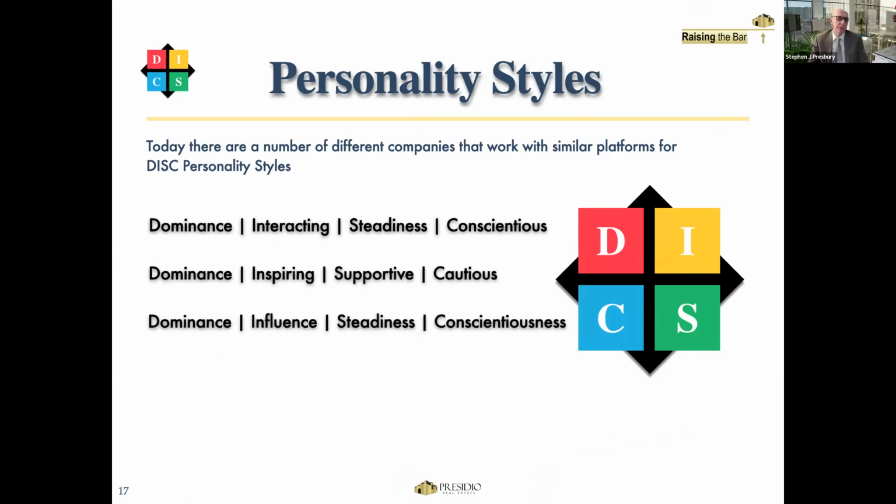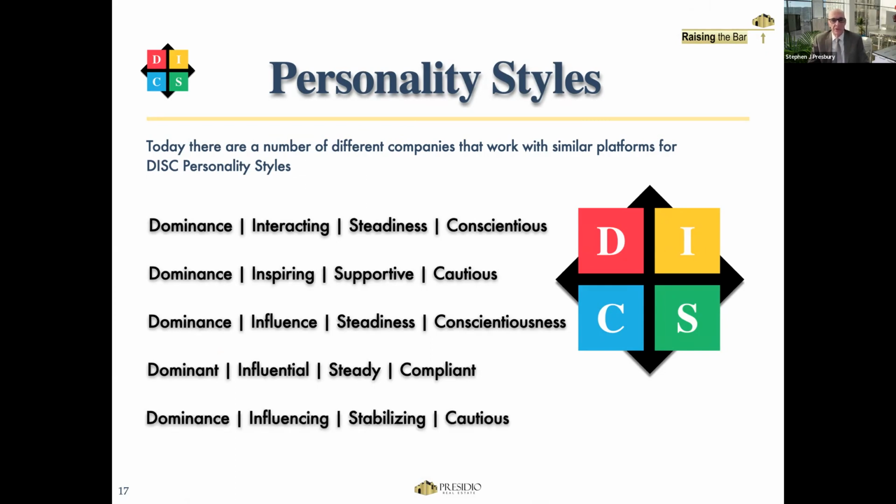Most of them have dominance as the red, and then you've got different types of the yellows: interacting, inspiring, influential. In the S's, you've got the steady, stabilizing, supportive, and in the blue, you've got the conscientious or the cautious or the compliant. So you've got different words representing that type of character, and it depends which system you use as to which ones they work with.